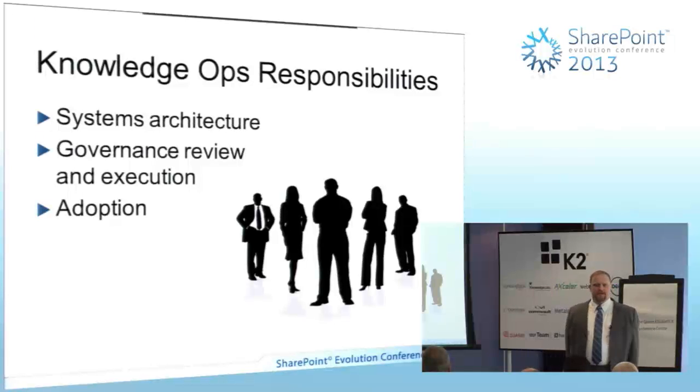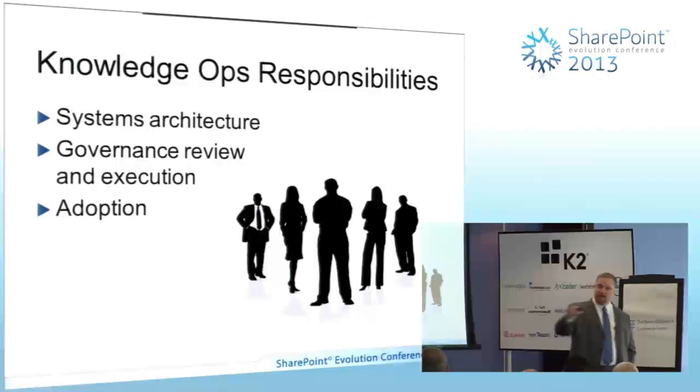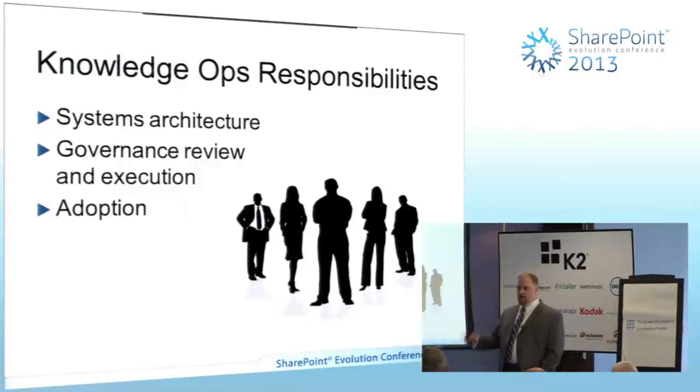Everybody's like, yeah, that makes complete sense. You need to know what it is, and you need to assign the right policy. Well, who does that? Who is responsible for making sure that gets done? Is the engineer going to understand how to do that? Is the COO going to do it himself? Knowledge operations. That team is responsible for ensuring that you know what the heck you're doing with the system.